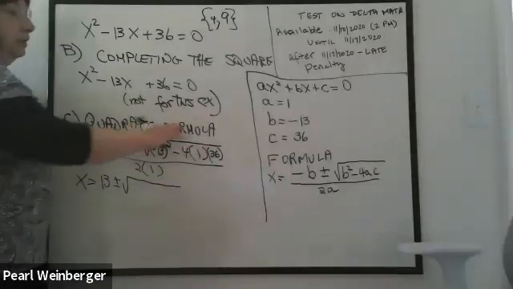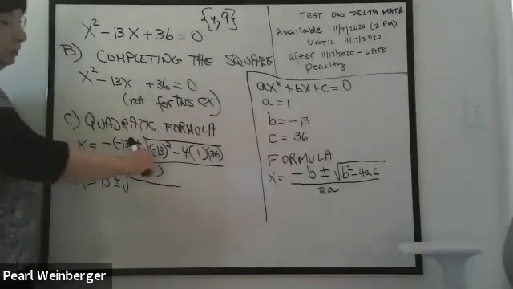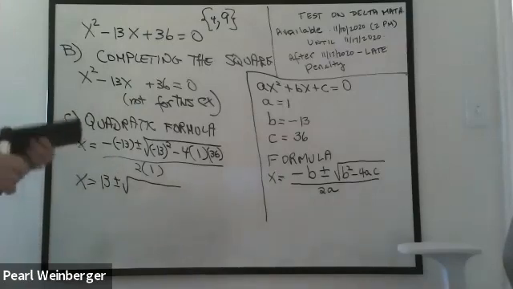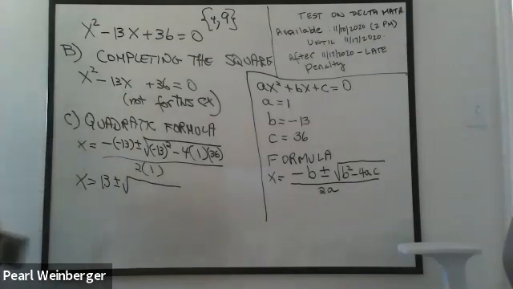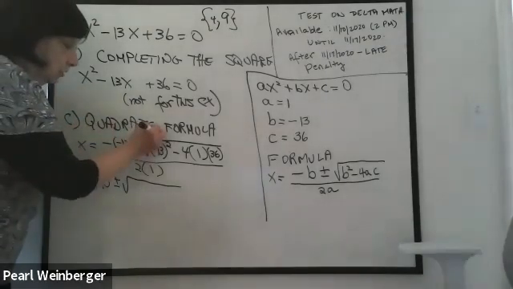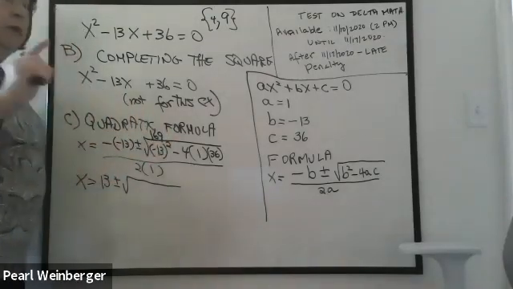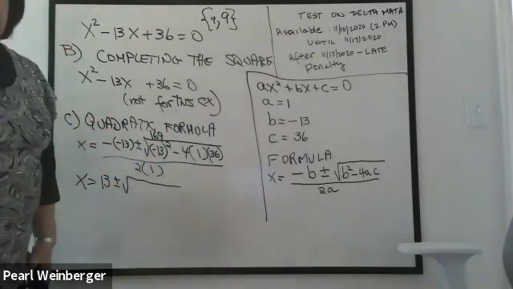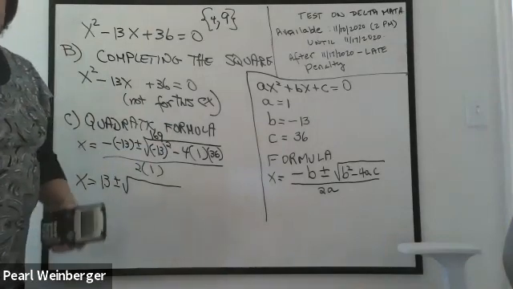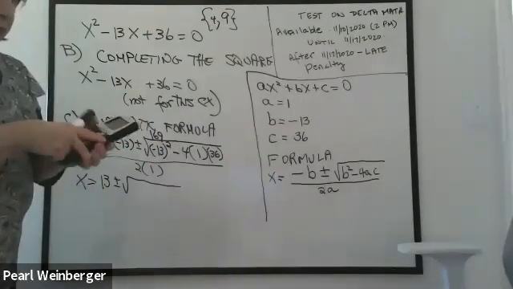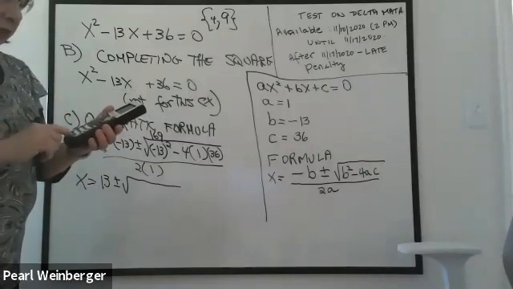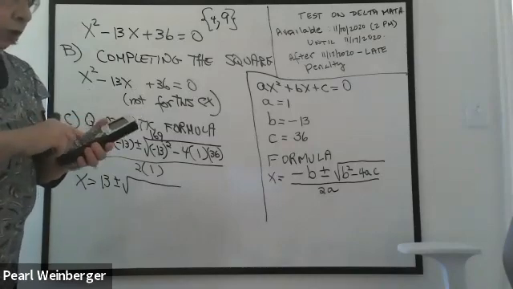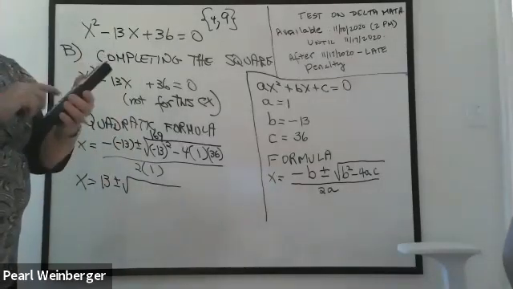The number that's inside the radical. First it says negative 13 squared. You could do it in your head: 13 squared happens to be 169. But be very careful. If you're doing it on a calculator, make sure you put it in a parentheses, negative 13, close the parentheses and then square it.